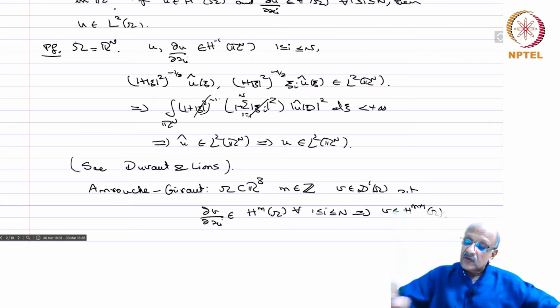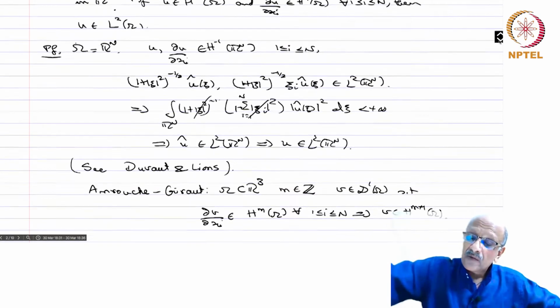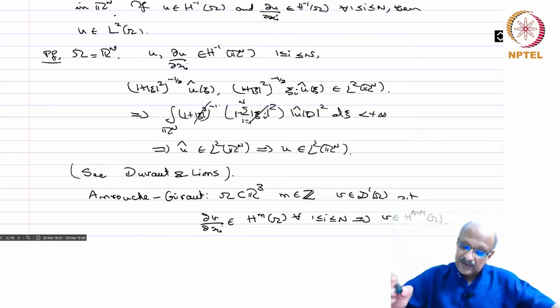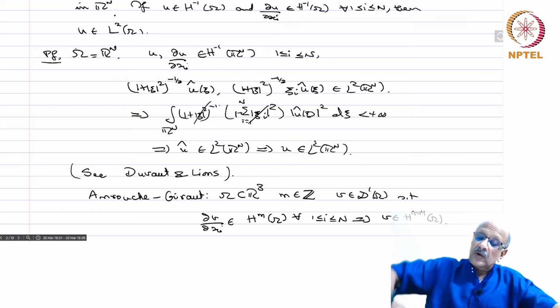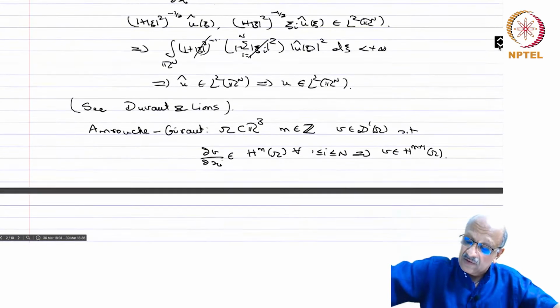So v is just a distribution in this case. In fact we have done one exercise long ago where we said that if v is a distribution such that ∂v/∂x is in L2, then v is in H1. So we have seen such things here.